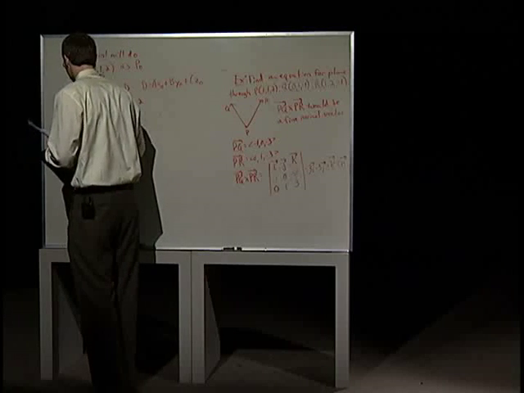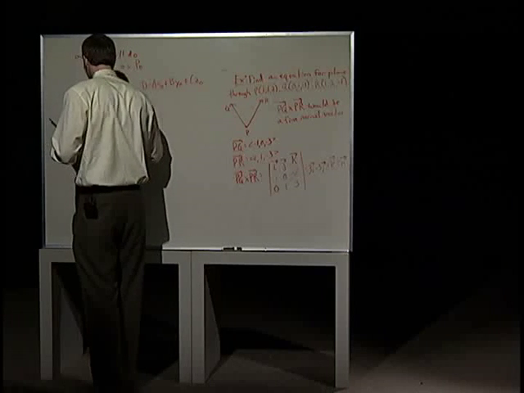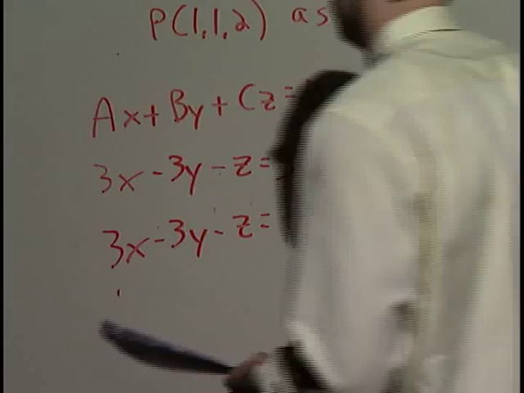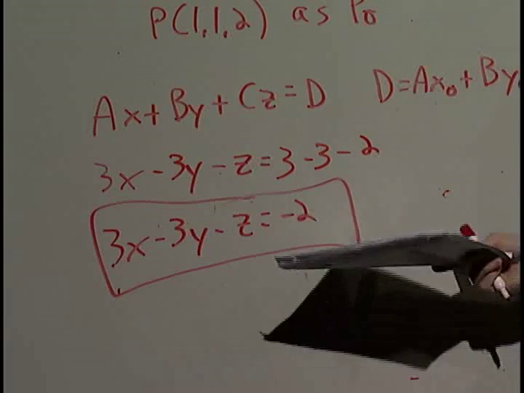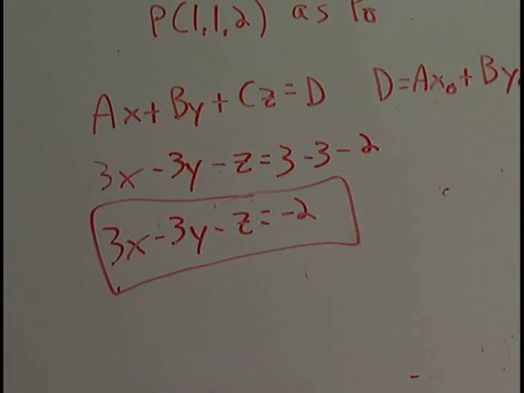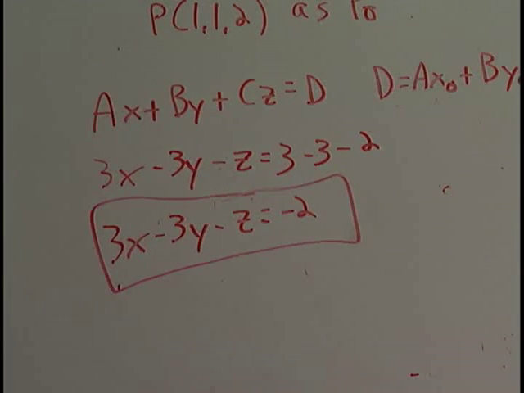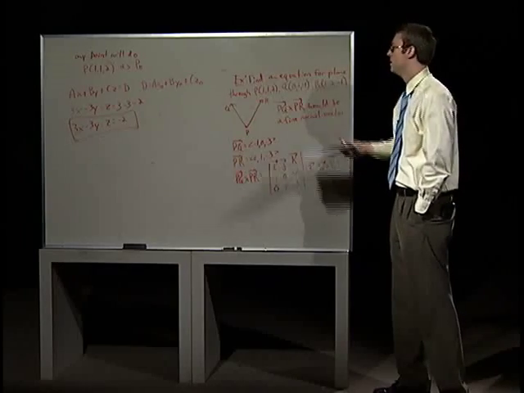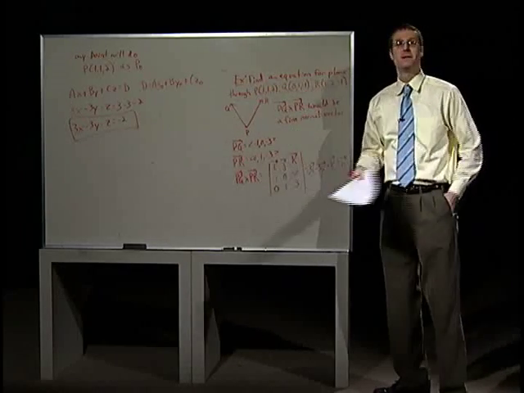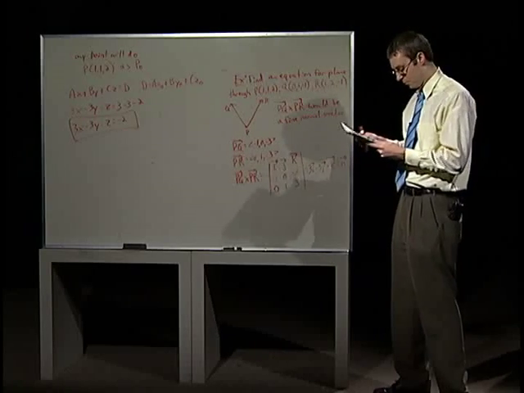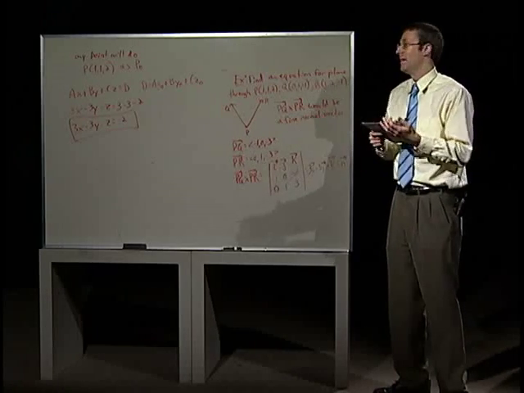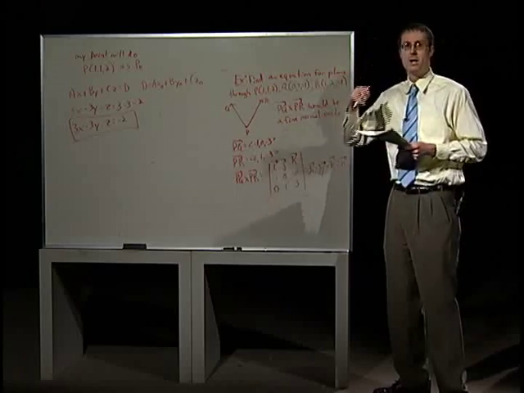So after all that, I get 3x minus 3y minus z equals negative 2. And there's the equation of the plane. And if you're unconfident in yourself, as sometimes I get, what's a good check? Try all these points and make sure they all work in that equation. If they all solve it accurately, then you have the right plane. Okay? All right. So there's an equation of a plane.